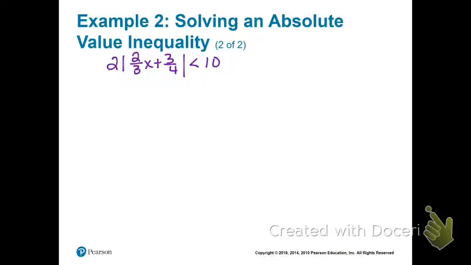Okay, so I need to be able to get the absolute value part by itself first. So that 2 right there has got to go. Well, that's 2 times. So to get rid of it, we're going to do the opposite of times, which is divide. And so, again, if it had been negative, I'd have to watch my signs. So we've got the absolute value of 2/3 x plus 3/4 is less than 5.